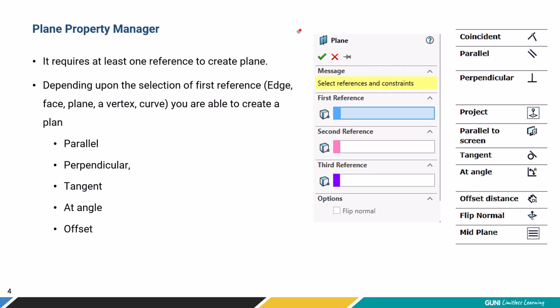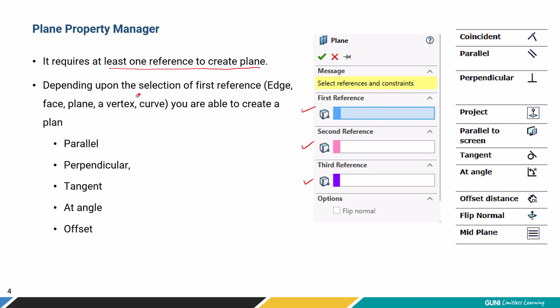When you invoke the reference geometry, especially plane, you need to choose references, first, second and third. Most of the time you require 2, but at least you need to provide 1 reference to create a plane.